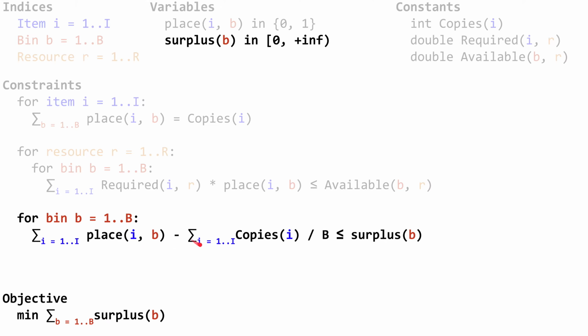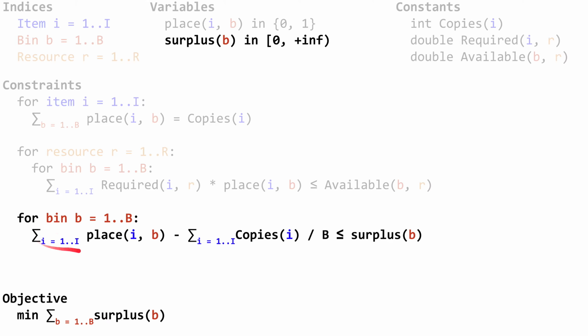So the sum across all items of the number of copies, this is just the total number of copies. This is divided by the number of bins. So this thing here is how many items you expect per bin in a perfectly balanced situation. And you subtract it from the actual number of items placed in a bin.